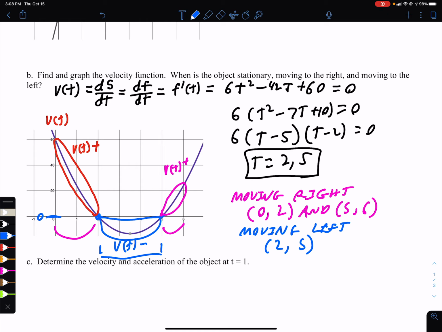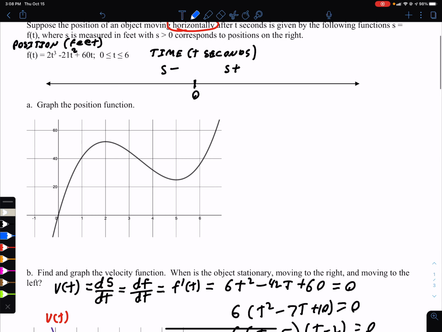Now, how does that work logically? Let's go back to this number line here. So velocity is change in position over change in time. Now, if that comes out to be positive, if that's greater than 0, that means your change in position is positive because time is progressing forward.